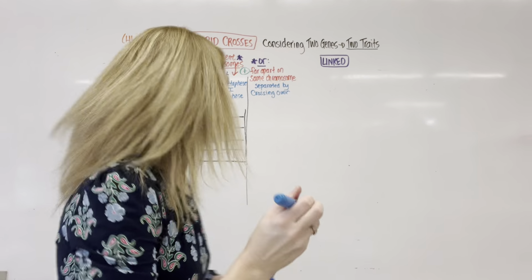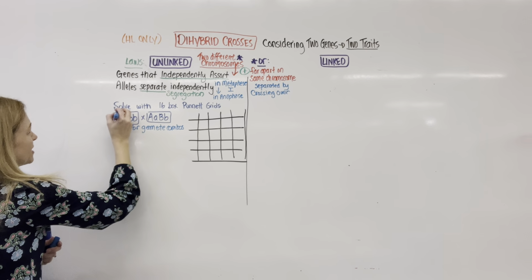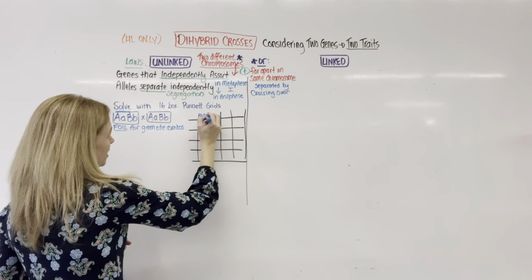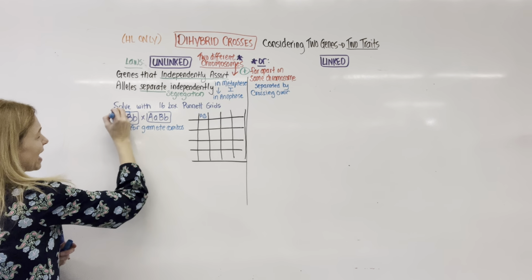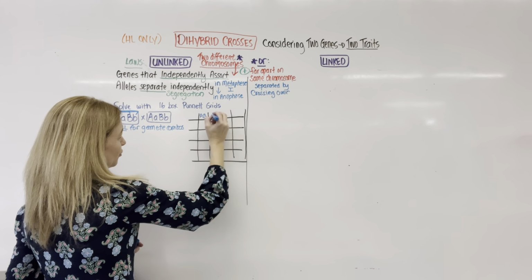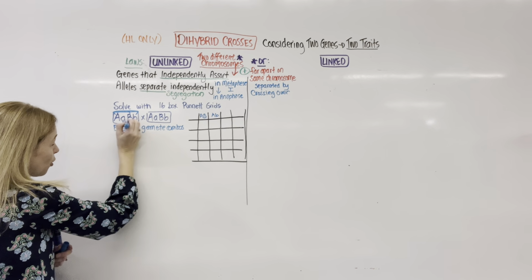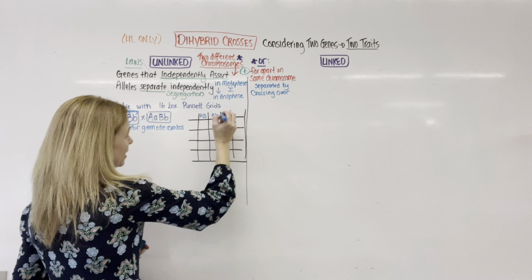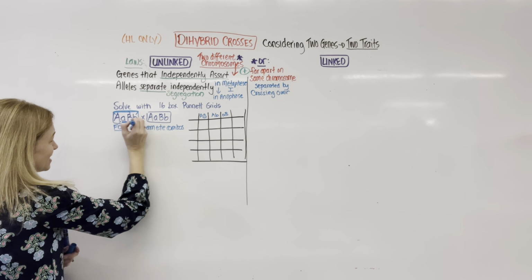When we say FOIL, we mean first of each letter. So big A, big B. O means the outside ones. So that's big A, little b. I is the inside ones, little a, big B. L is the last of each.